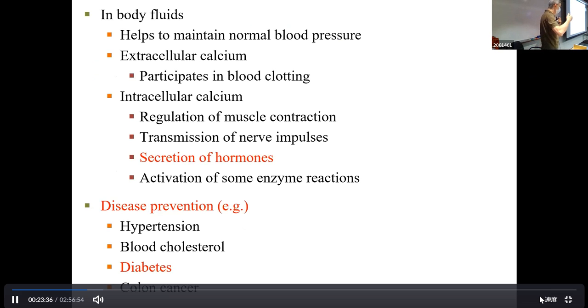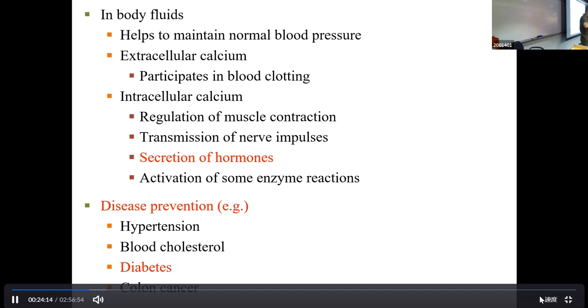When we say calcium, there are many functions of calcium. One of the most important from an extracellular viewpoint is that it is involved in blood clotting. You need calcium to mediate the blood clotting cascade reaction. Intracellularly, calcium is required for muscle contraction.